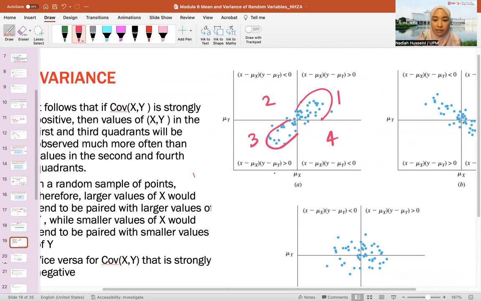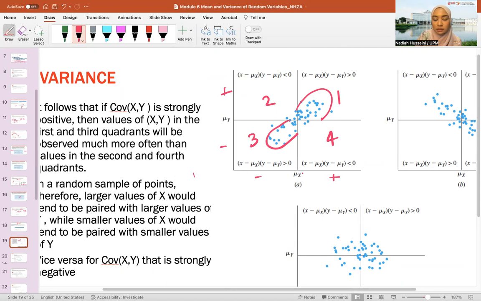This graph has the x-axis as mu x and the y-axis as mu y. So over here, it is positive. Over here, it is negative. Over here, it is positive. Over here, it is negative. Everyone following me so far? Yes, sir. Okay, so just bear with me first.